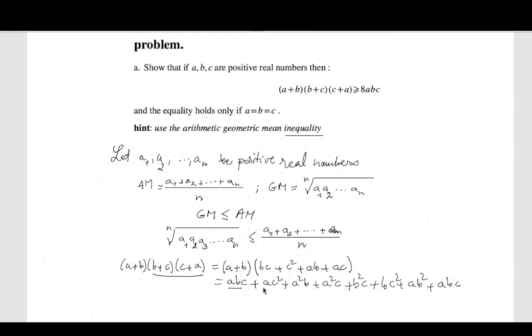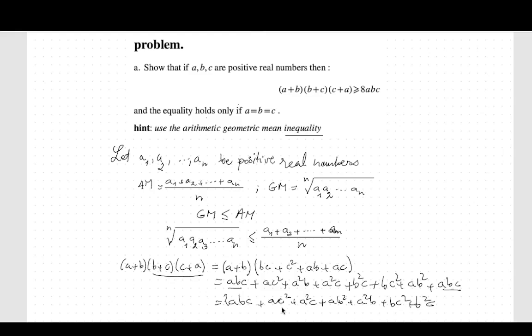So we have twice abc, so it goes 2abc plus the rest. That rest we can write as ac squared plus a squared c plus ab squared plus a squared b plus bc squared plus b squared c.